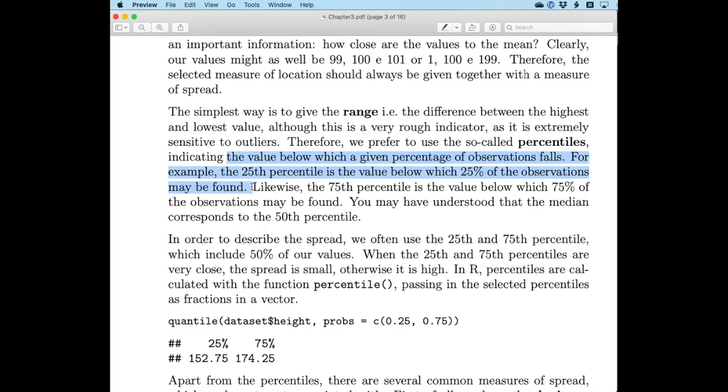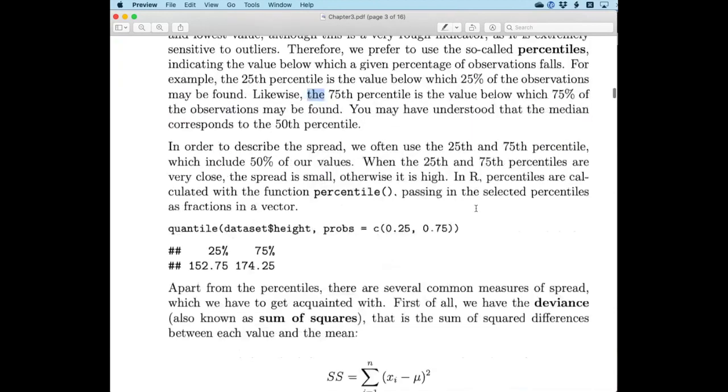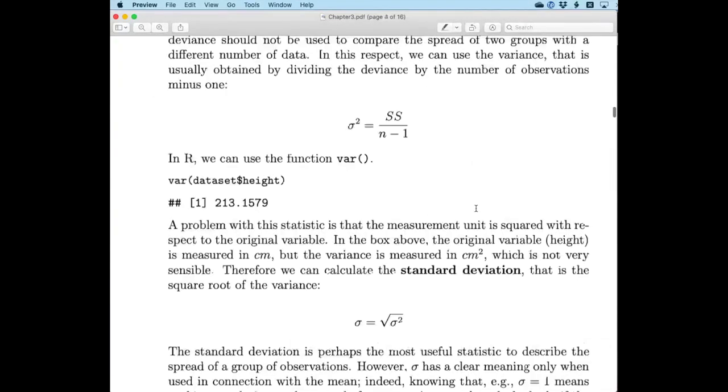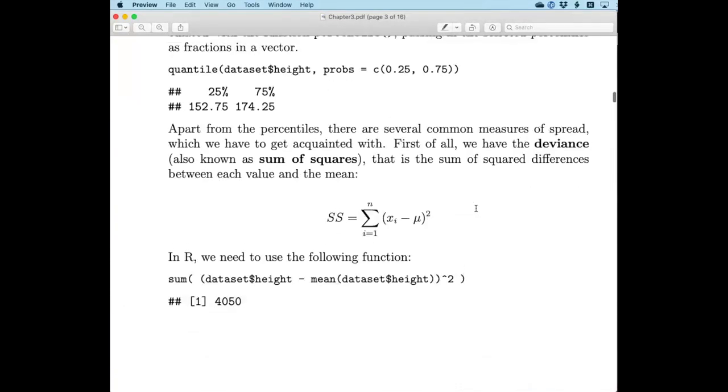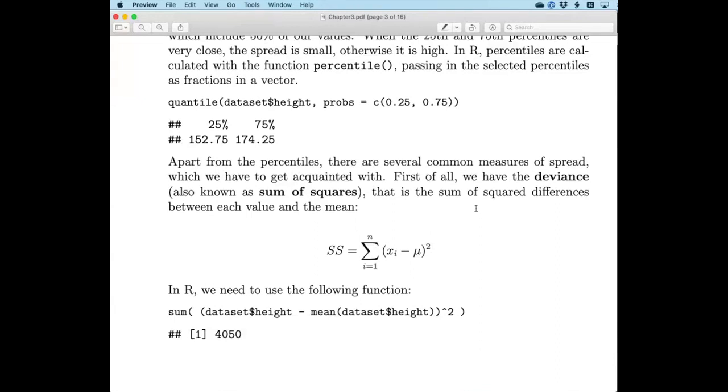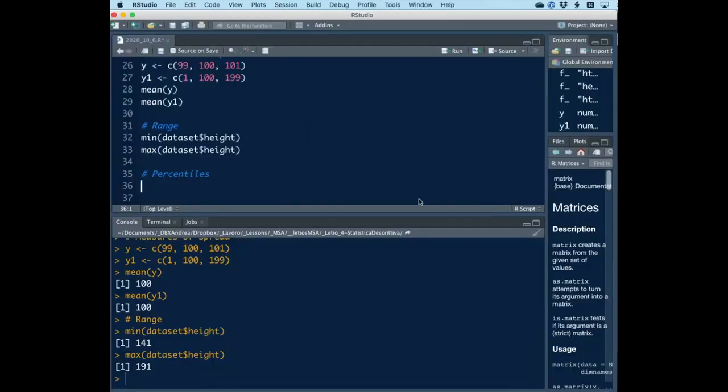So it is above the median. If you think about the data, let us calculate the percentiles. The median is the 50th percentile, right?